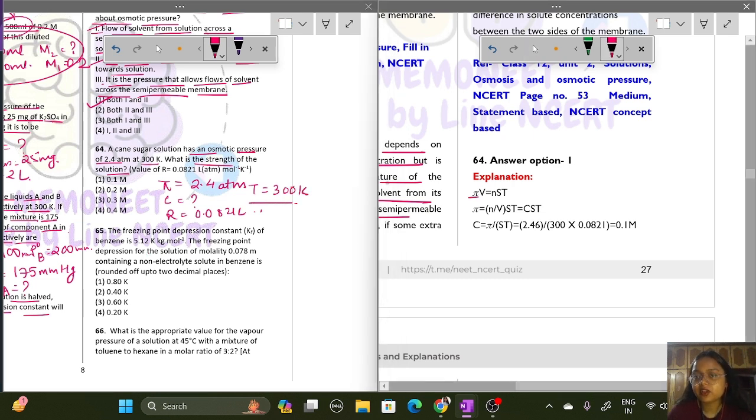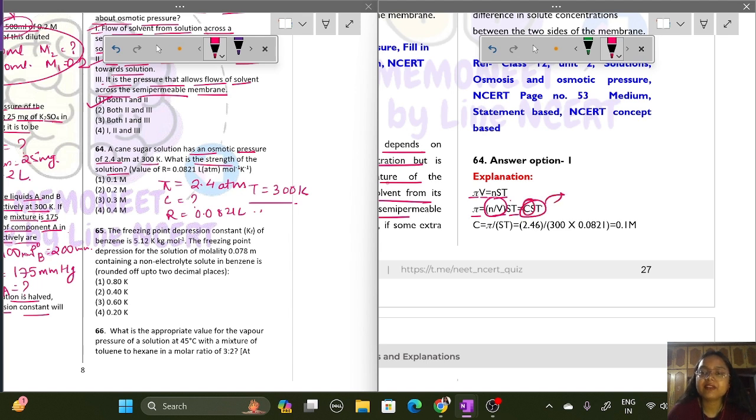So we will use the formula pi V = nRT. So pi = n by V into RT, which is equal to CRT. We have to find out the concentration only. So directly we can write pi = CRT, and C = pi by RT.